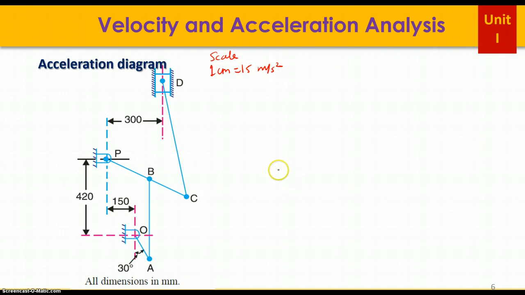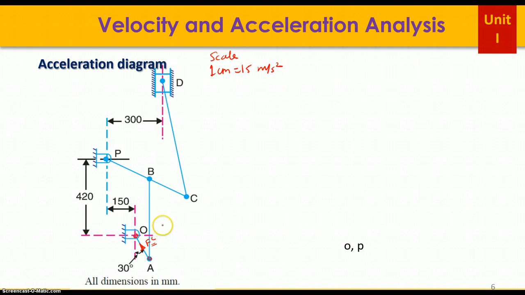Now we have acceleration of A with respect to O. And what is the component of acceleration? We know Fc. We know magnitude and we also know direction. This arrow indicates direction and Fc is magnitude, in the previous slide you have seen. With these two pieces of information you can directly draw an acceleration vector. So let us start.